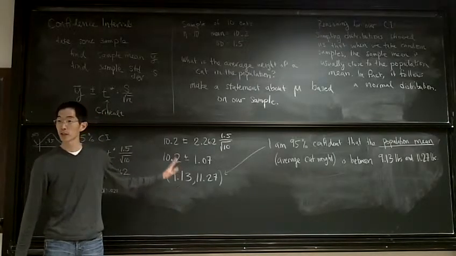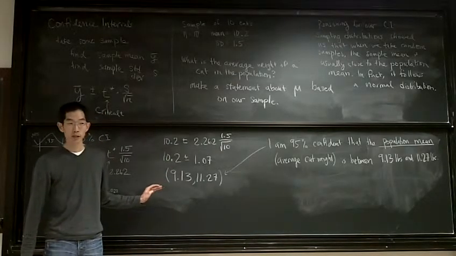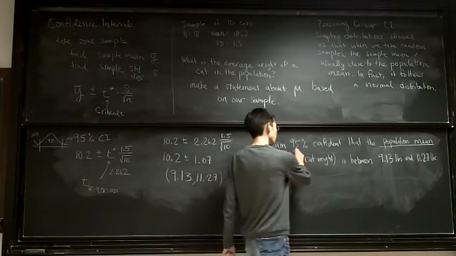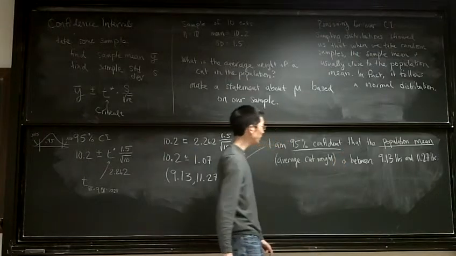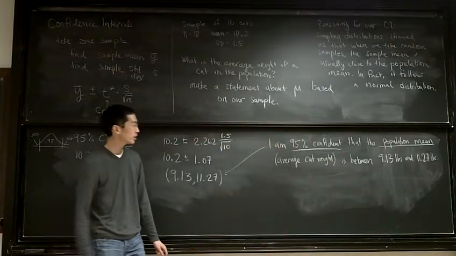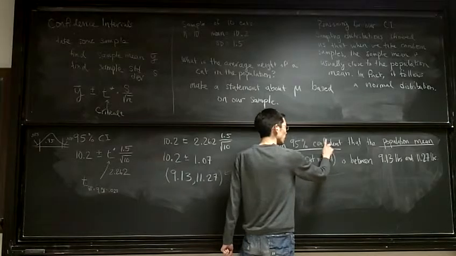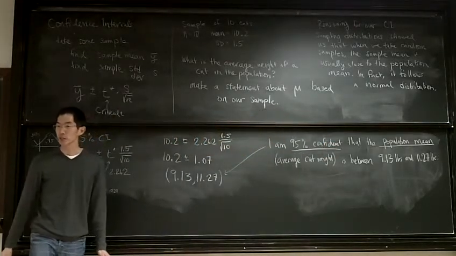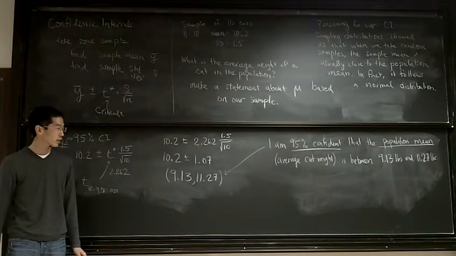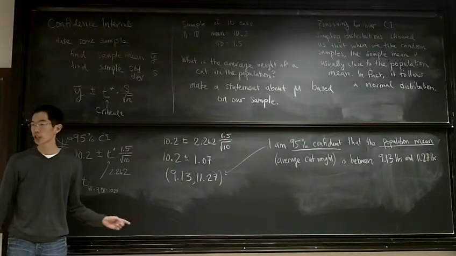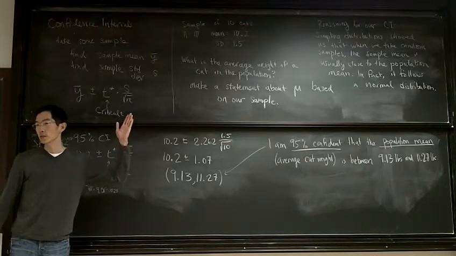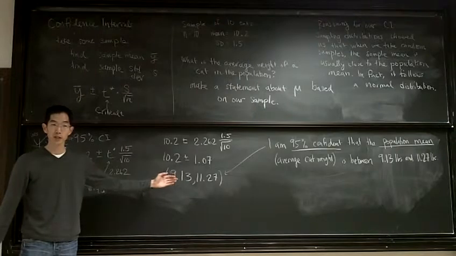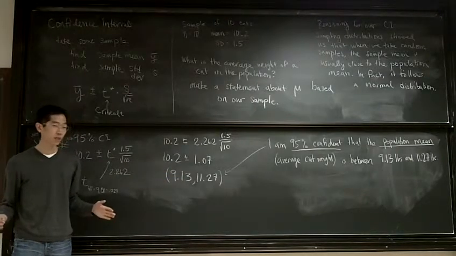Alright, is this okay? So we're saying 95% confident. This is not a probability statement. It's not that there's a 95% chance that the population mean is between here and here, because the population mean is fixed.